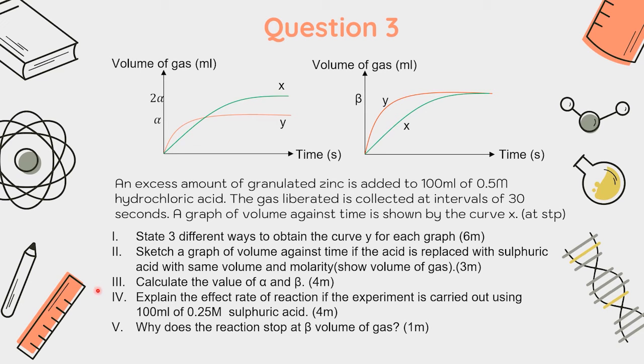Then we calculate the value of alpha and beta. Explain the effect on the rate of reaction if the experiment is carried out using 100 ml of 0.25 molar sulfuric acid. And why does the reaction stop at beta volume of gas?